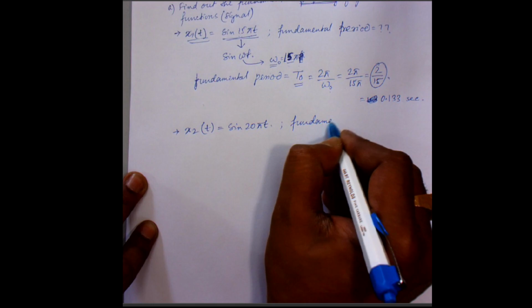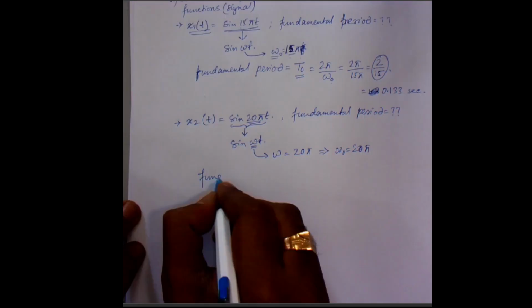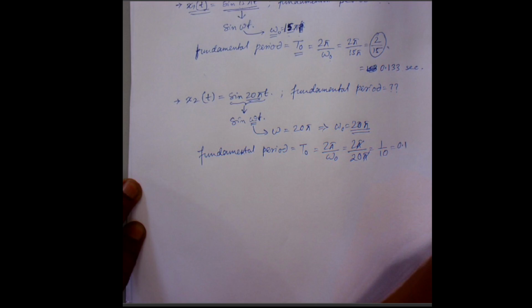So I can say omega 0 equals 20 pi. So the fundamental period T0 equals 2 pi by omega 0, which is 2 pi by 20 pi. So 1 by 10, that means 0.1, and the unit is second.